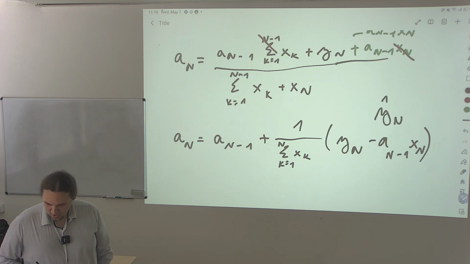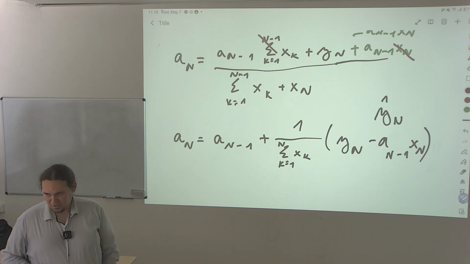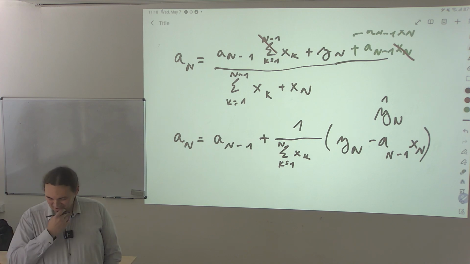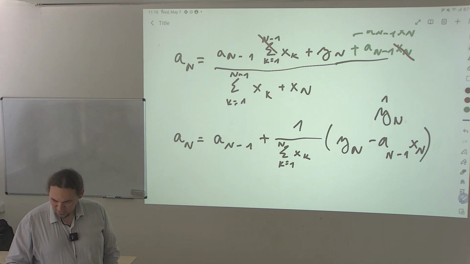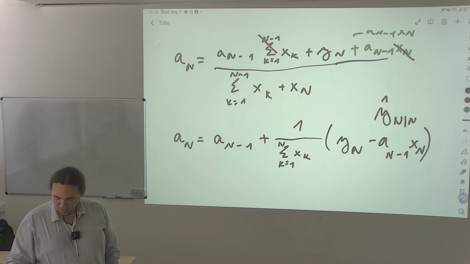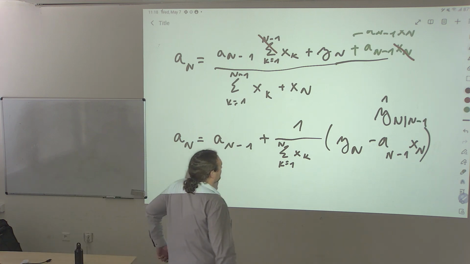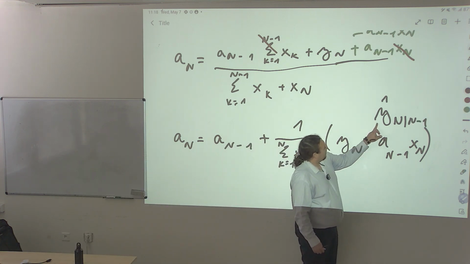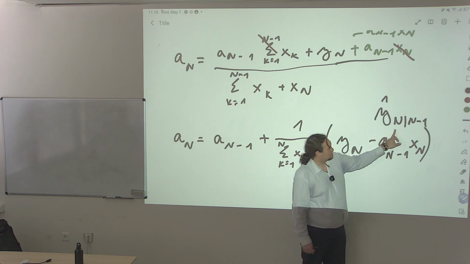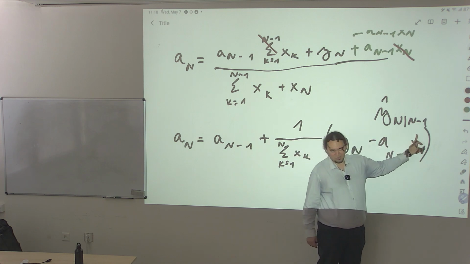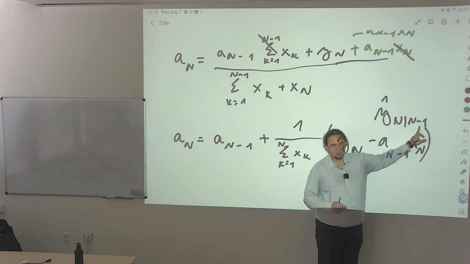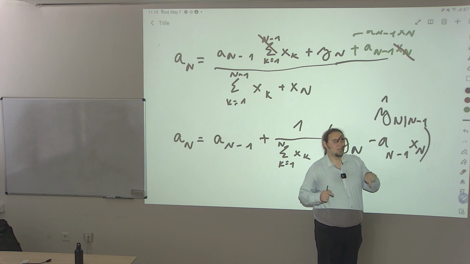So this would be our predicted value at time n, and sometimes, to completely mess up the indices and everything, people would write it this way, with a pipe and n minus 1, which would mean prediction of the output at time n based on the information I know until time n minus 1.